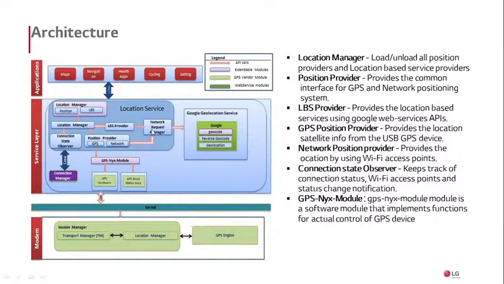It is one service, and the components or modules talk to each other through API calls. Now, the extendable module is basically the GPS NIX module, where any other functionality or feature to be provided as part of the location service needs to be implemented in the GPS NIX module first, so that it can be utilized in the location service.